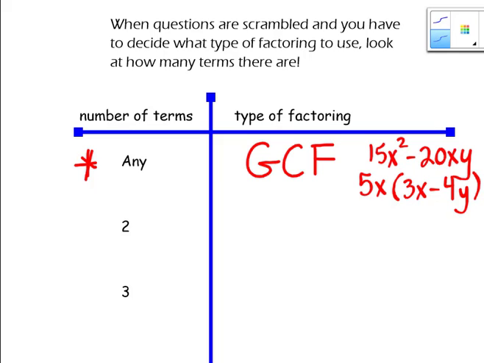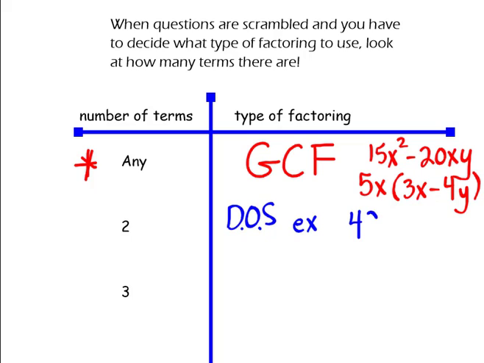Okay, the next one. If it's not greatest common factor and it's 2 terms, it would have to be difference of squares. So I'll give an example of a difference of squares. If I had 49x squared minus 36. It's only 2 terms.